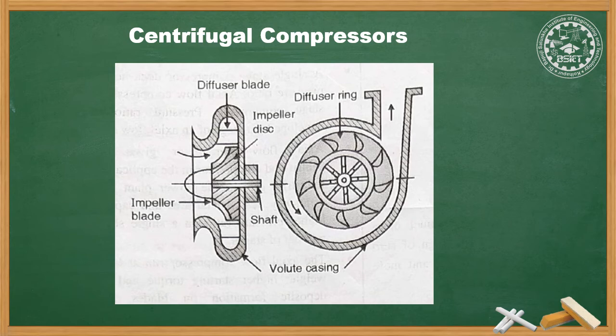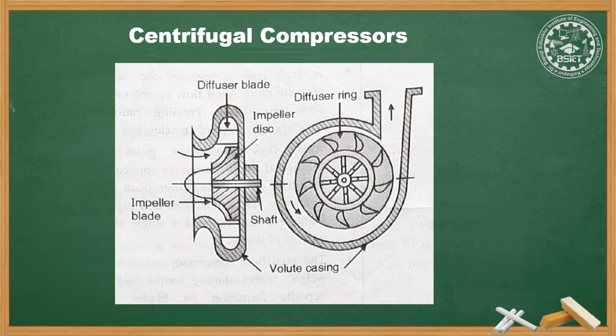The remaining pressure rise is obtained from the diffuser. The diffuser, which is stationary, consists of a number of fixed diverging passages. The air leaves the impeller tip with high velocity and enters the diffuser.